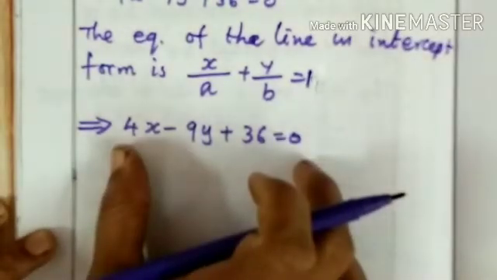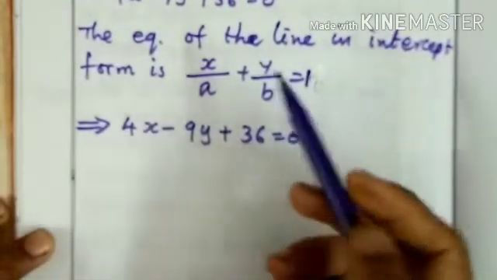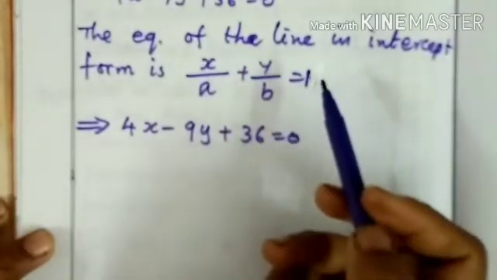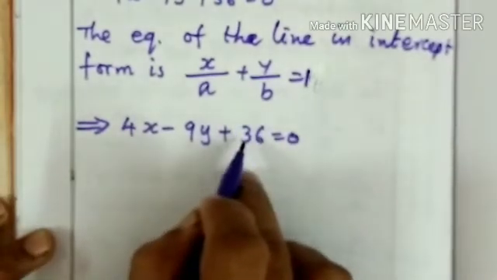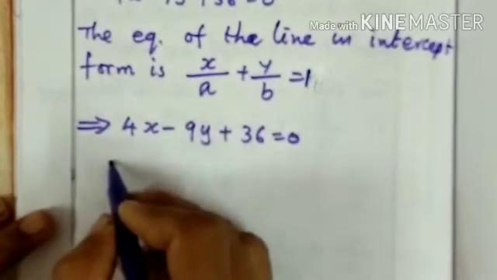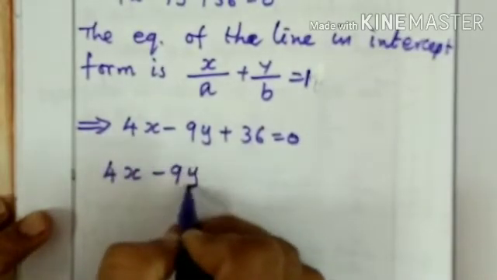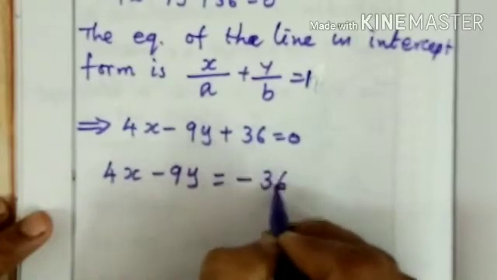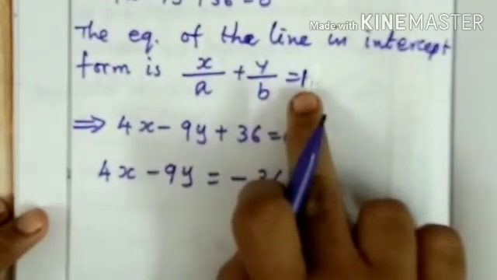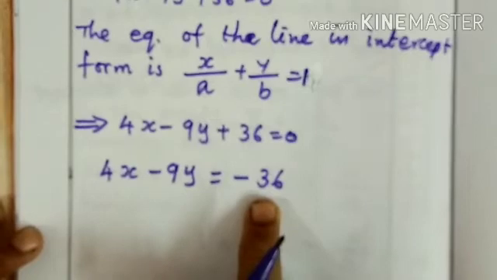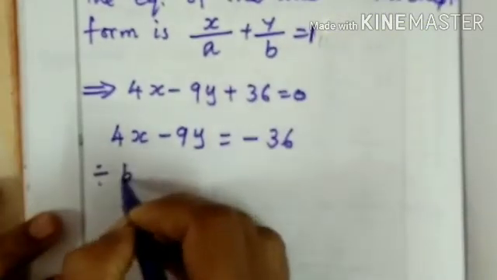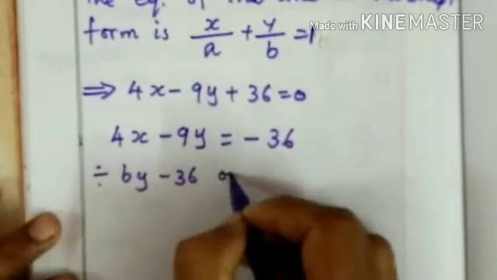Now you have to bring the given equation into the form of x by A plus y by B is equal to 1. Therefore, first you transpose the constant term after the equal sign, and we get 4x minus 9y is equal to minus 36. Well, in the formula, we have 1 after the equal sign. Then you have to divide this equation by minus 36, on both sides.